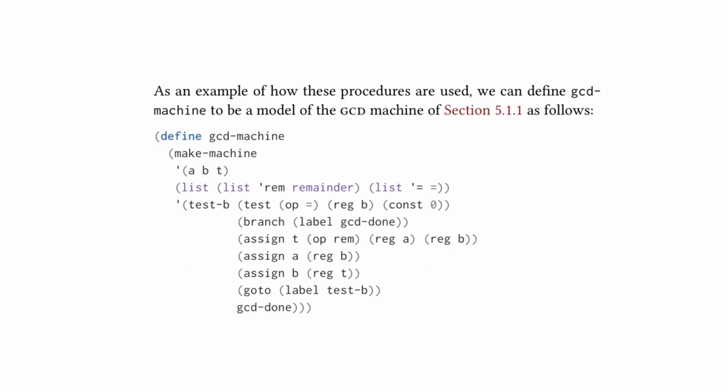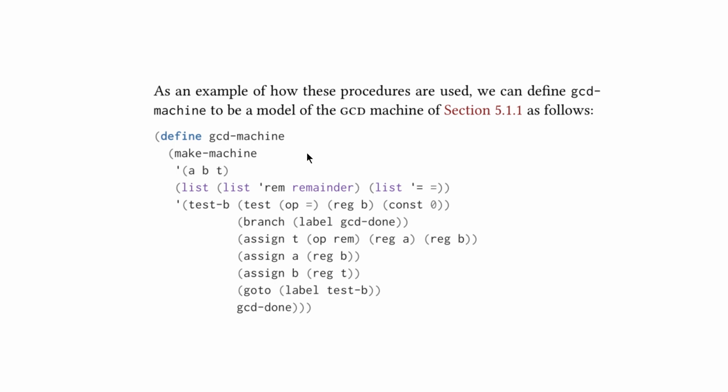And on the next slide, we have basically an example from the previous chapter section that's showing us how we can construct a machine that corresponds to the GCD assembly code that we saw, and that corresponds to the data path visualization and controller visualization that we saw in chapter section 5.1.